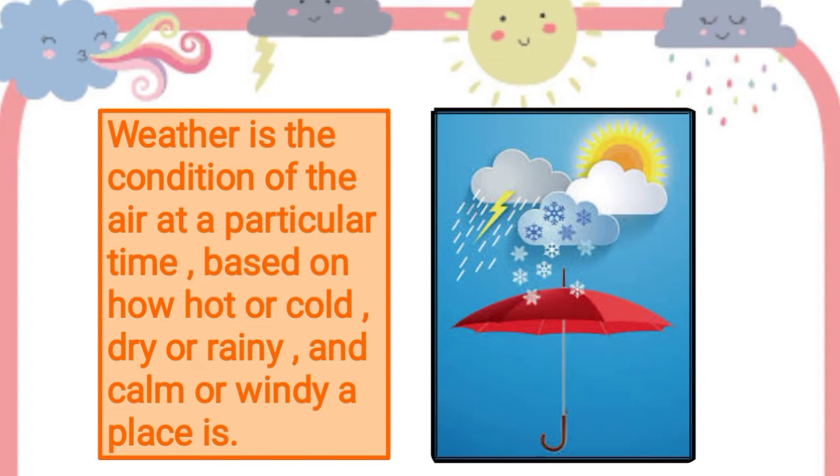So let me explain these common weather patterns in more detail. For example, hot and dry weather. During summer and spring, the weather pattern is commonly hot and dry, and in the summer temperatures are usually very high.